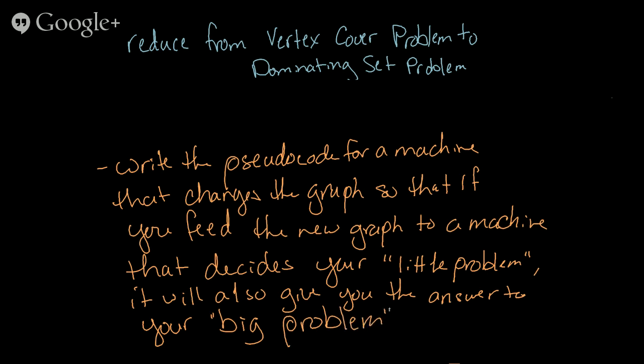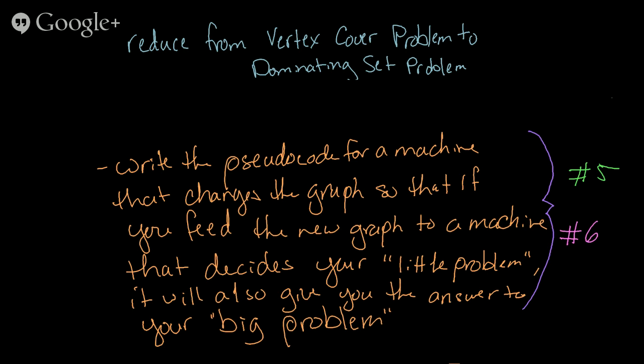And this goes for both number 5 and number 6. So let me write this in a new color. So again, this is for number 5 and for number 6.